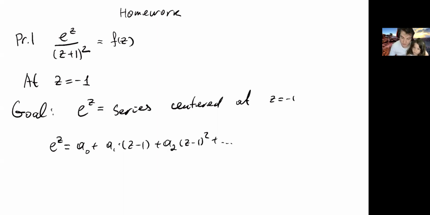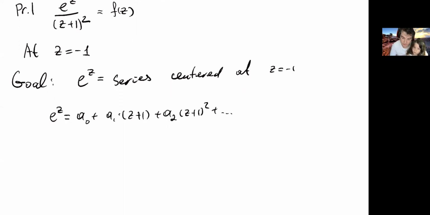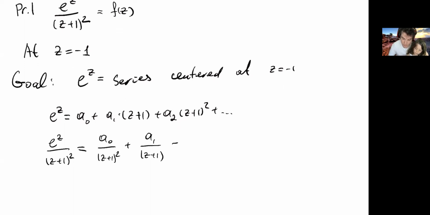And then after we achieve this, we divide it by (z plus 1) squared, and we'll get the Laurent series. In particular, we see how many Laurent type terms we'll get.